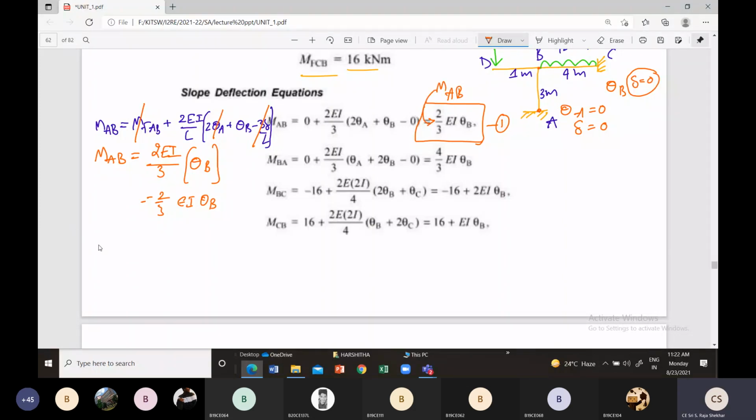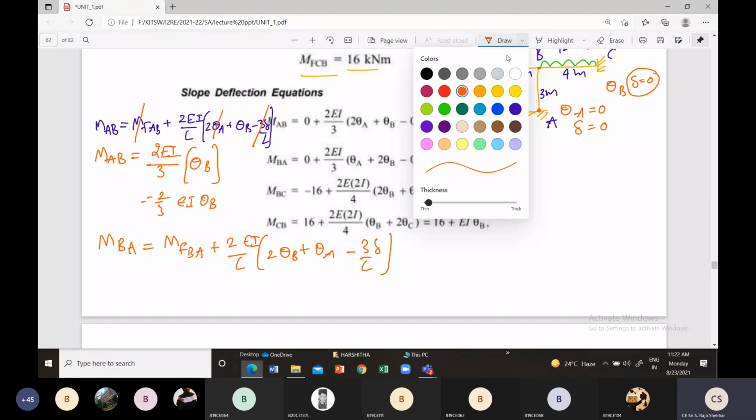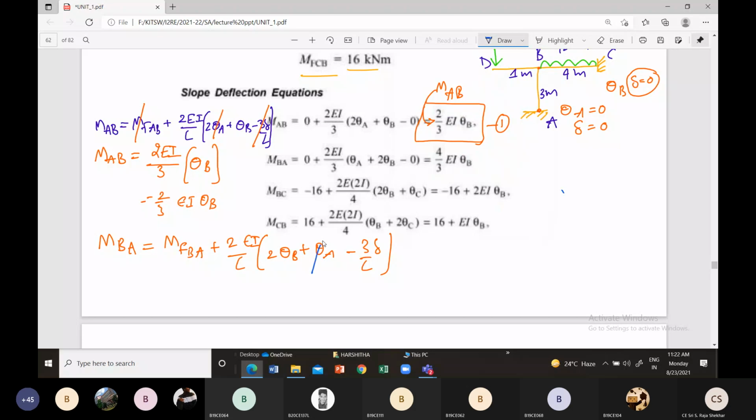Now I want to write MBA is equal to MFBA plus 2 EI by L into 2 theta B plus theta A minus 3 delta by L. Substitute theta A is equal to 0 in this equation. Theta A is equal to 0, delta will be equal to 0, MF, these all values 0.